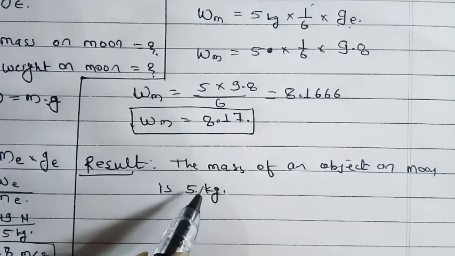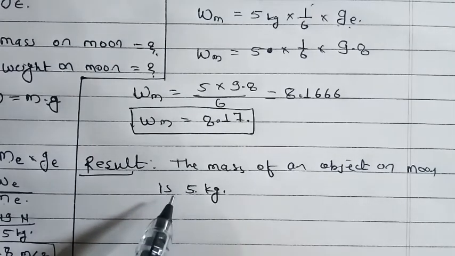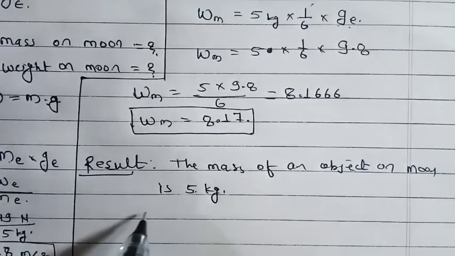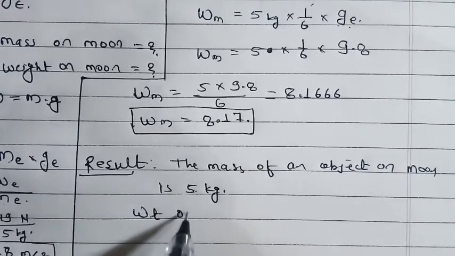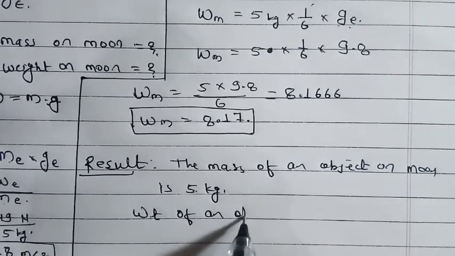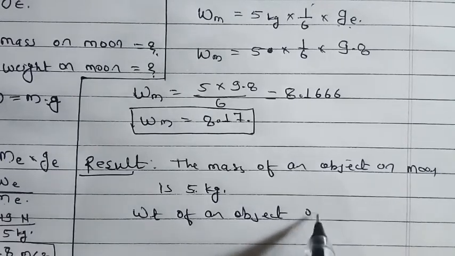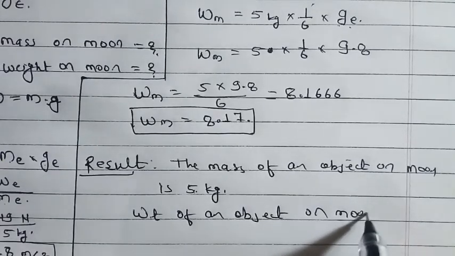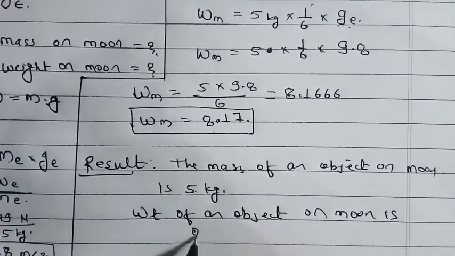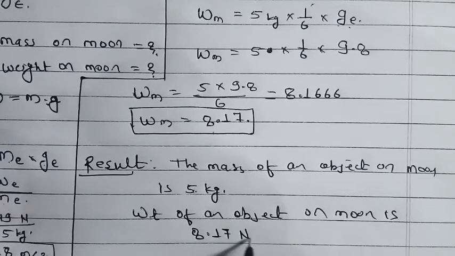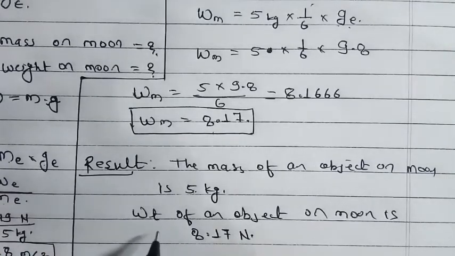It does not change from place to place and time to time. Then the weight of an object on moon is, as we have just calculated, 8.17 Newton. So this is the answer.